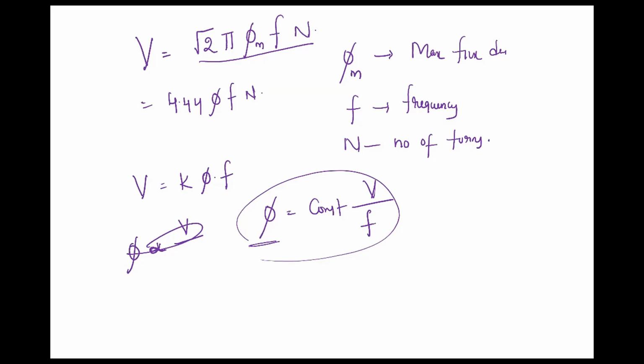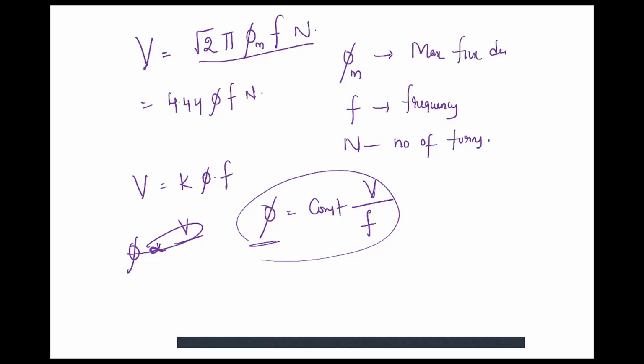So the flux in the transformer core is given by some constant multiplied by the voltage applied in the primary divided by the frequency. Understand? Now, if voltage increases or if frequency decreases, the flux inside the transformer core increases, which will oversaturate the transformer core.